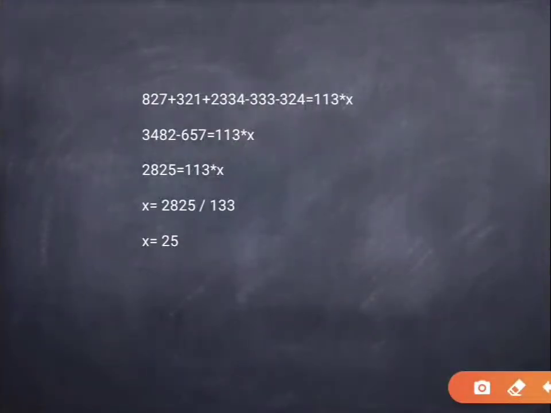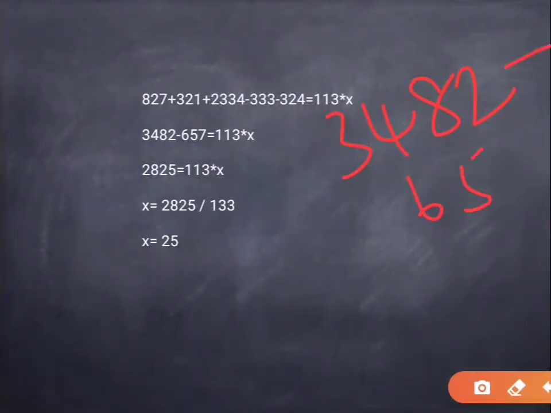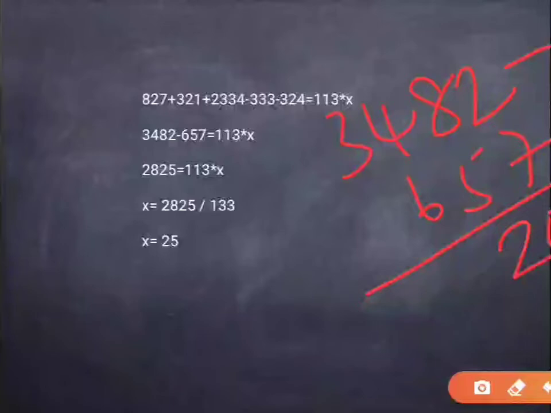Therefore 3482 minus 657 is 12 minus 5, 7, 5, then 7 minus 5, 2, 14 minus 6, 8 and 2, 2825.